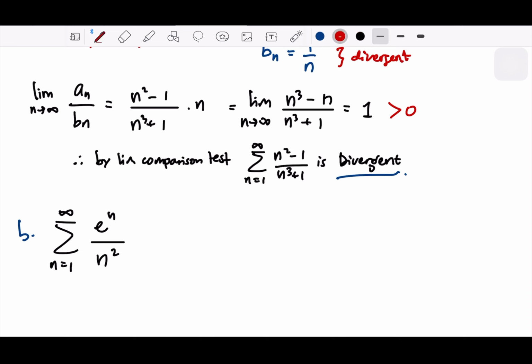So again, the same question, converge, diverge. Okay. I think this should be easy.